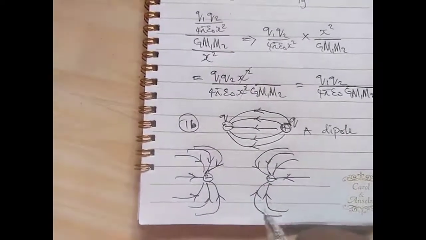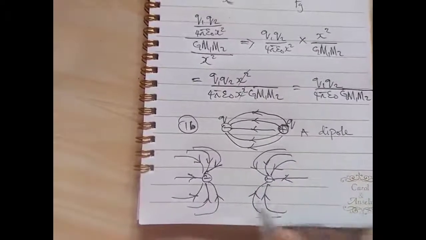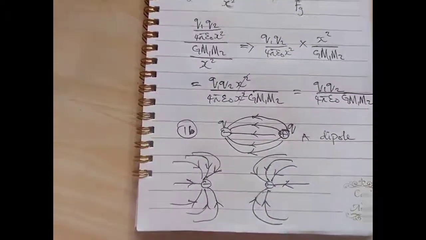So there's going to be repulsion. So this is two negative point charges. The repulsion is the result, so they will not get to each other.